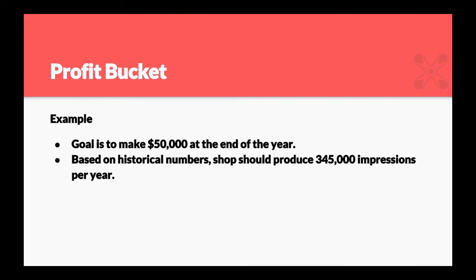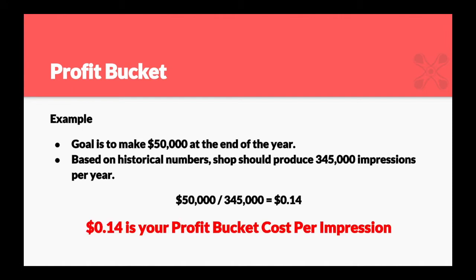Based on historical numbers, remember you pulled all those from years on end, it looks like, based on our growth rate, that we could probably hit 345,000 impressions at the end of the year. So it's just easy math. $50,000 divided by 345,000 is 14 cents. So 14 cents is our profit bucket cost per impression.